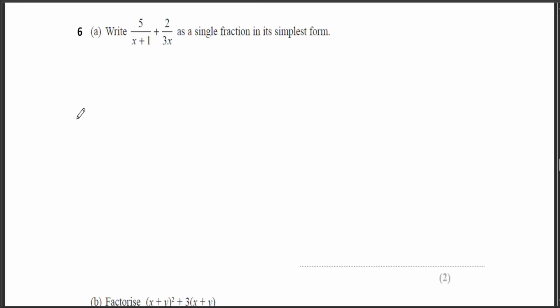Okay, this is another question. Write 5 over x plus 1 plus 2 over 3x as a single fraction in its simplest form. Very easy. So 5 over x plus 1 plus 2 over 3x.